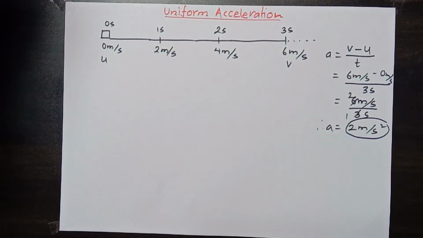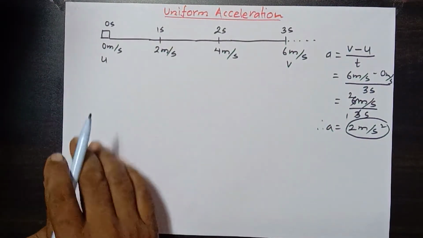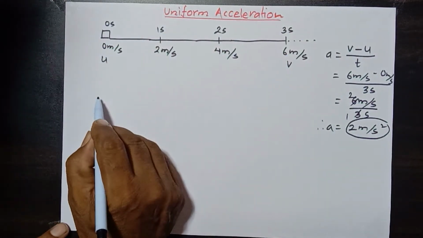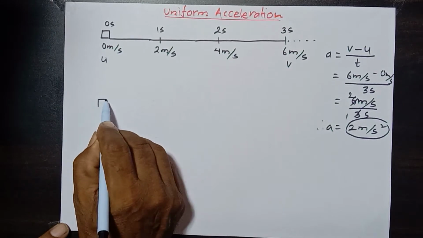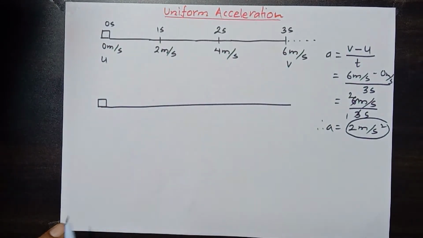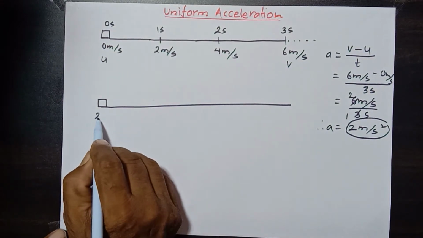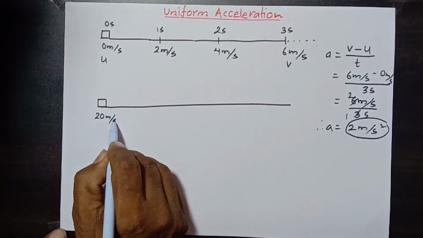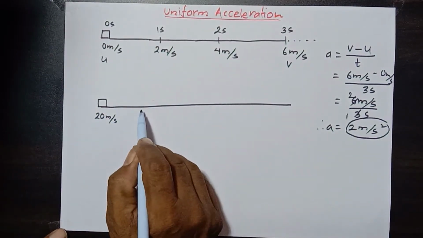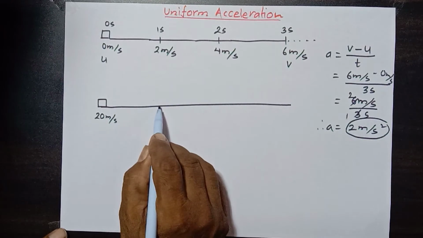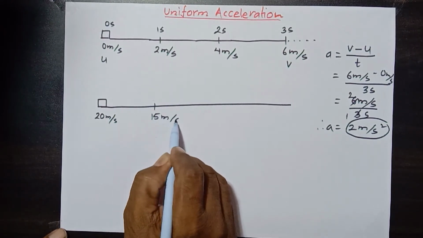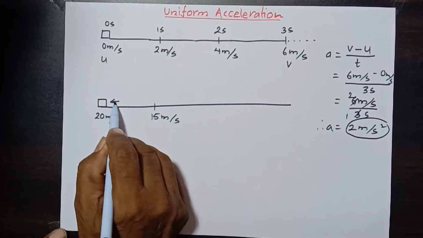Okay. Now, I want to give you another example also. Instead of increasing velocity, sometimes what happens? A body is moving. It has a certain velocity. Let's say its velocity is 20 meter per second at the beginning because it is moving, and after 1 second, its velocity decreases to 15 meter per second, because let's say force is applied in the opposite direction.